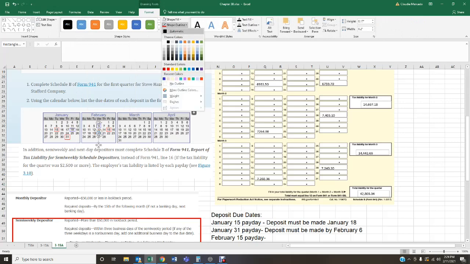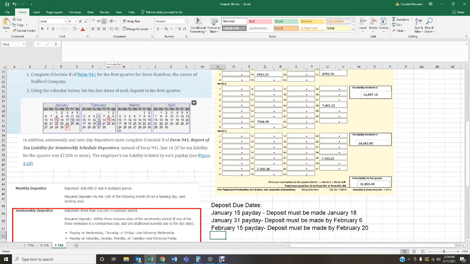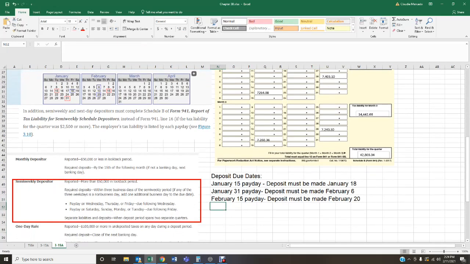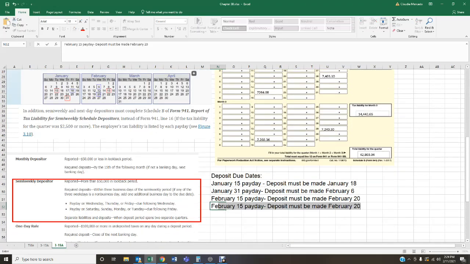So the deposit must be made by February the 20th. So far, the deposits must be made January 18, February the 6th, February the 20th.